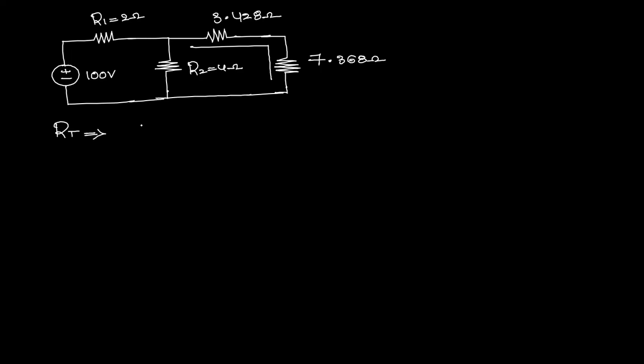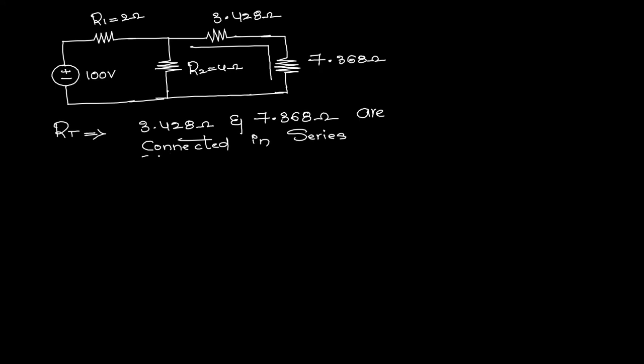So here 3.428 ohms and 7.368 ohms, both are connected in series. So if two resistances are connected in series, to get the resultant, we can directly add these two values.